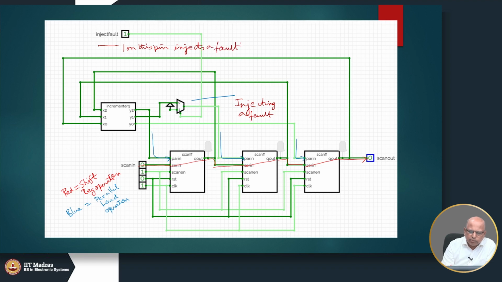If I put a 0 on that pin, there is no fault. Right now the fault that we have injected is y1 stuck at 1.